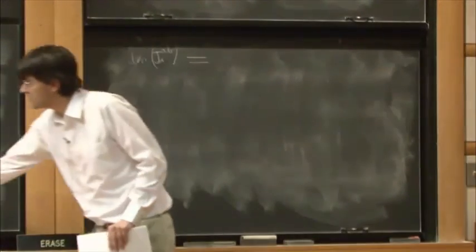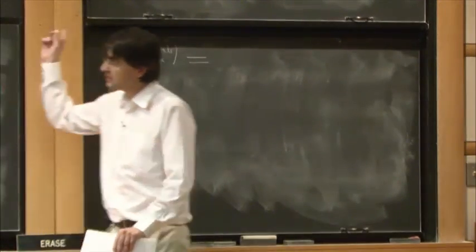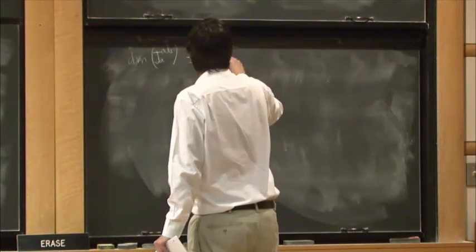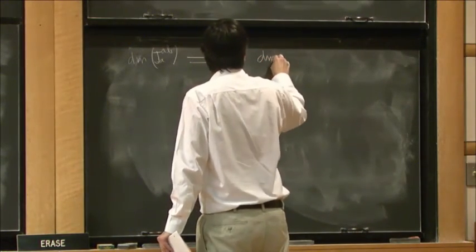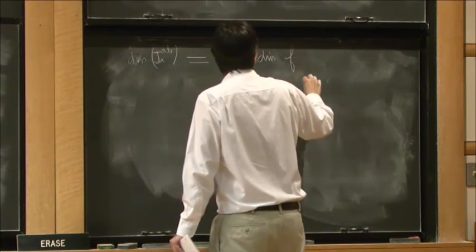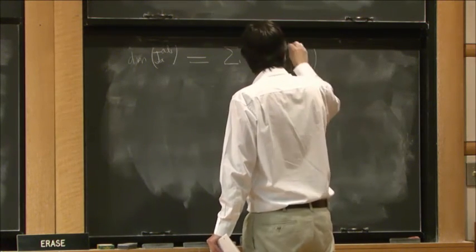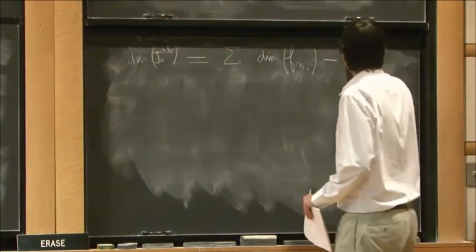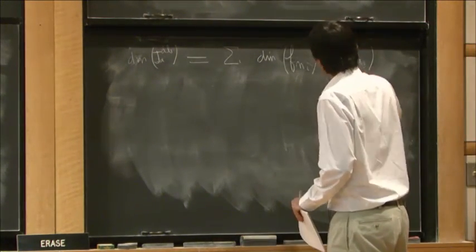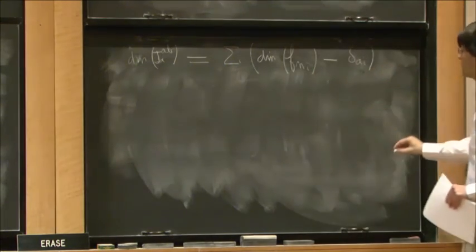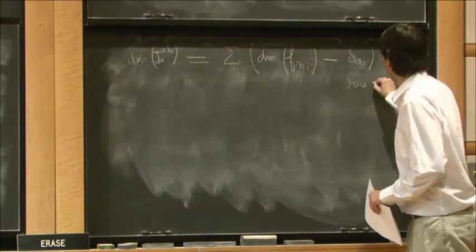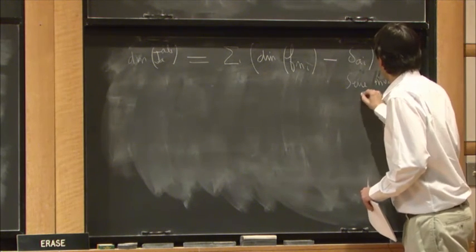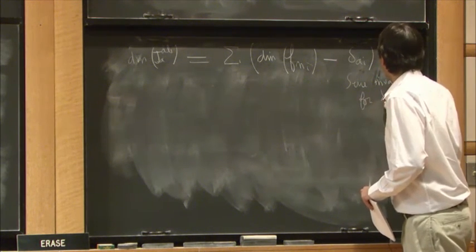This dimension I have computed in the previous proof. So this is the sum of the dimension of the Hitchin fibers in rank n_i minus the invariant delta_ai, so in rank n_i. So this is the third invariant for y_ai.